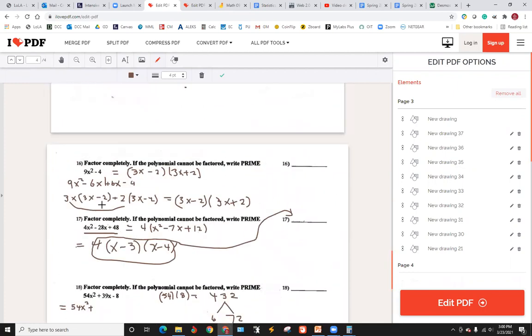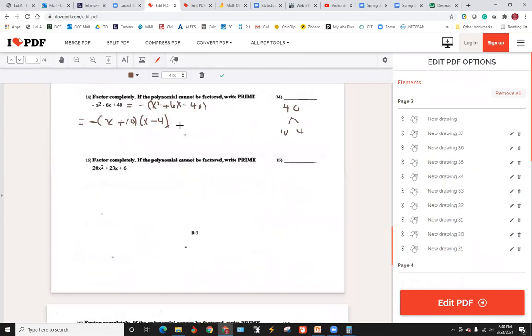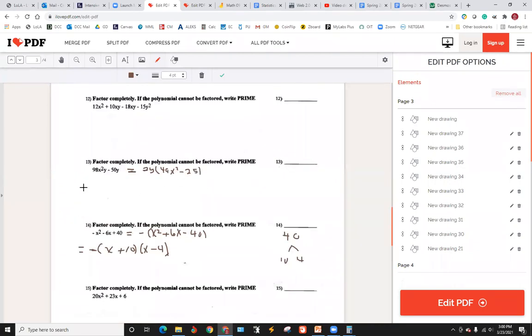It's very similar to this one because these are perfect squares. All right, take a look at that one and see if you got any questions about it.